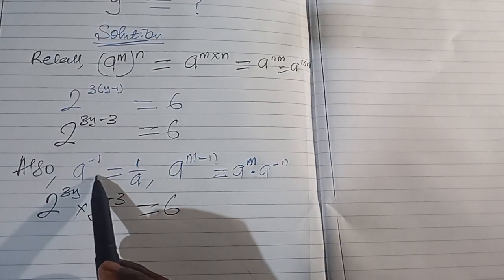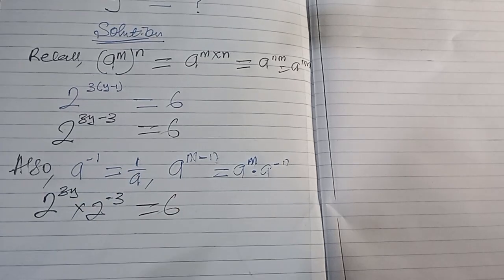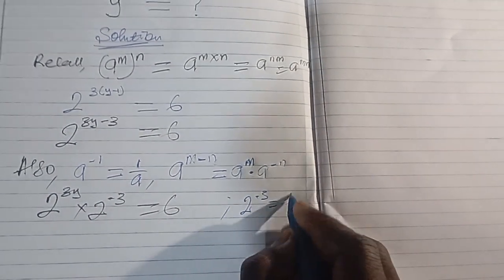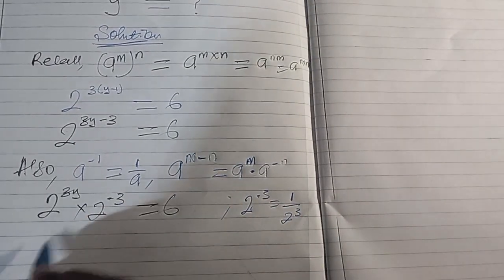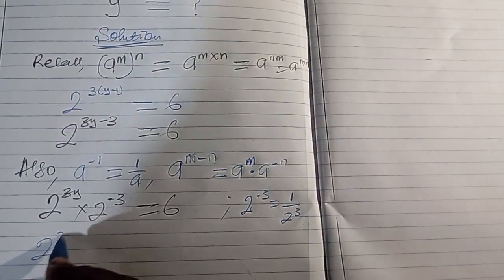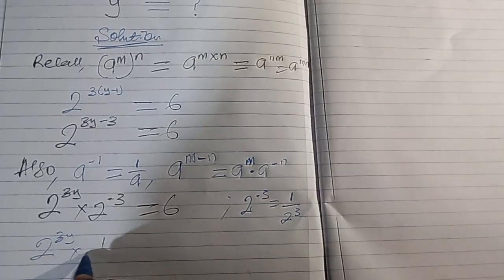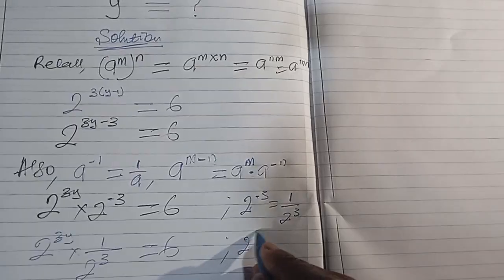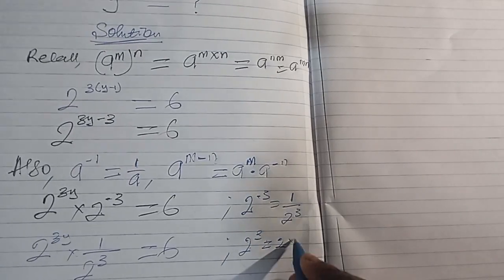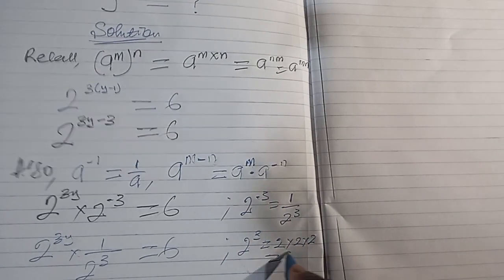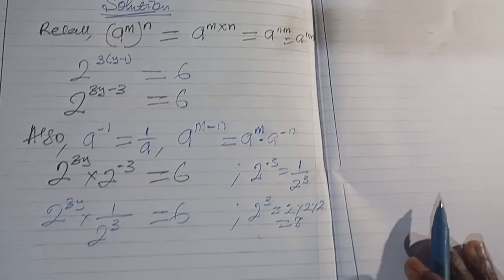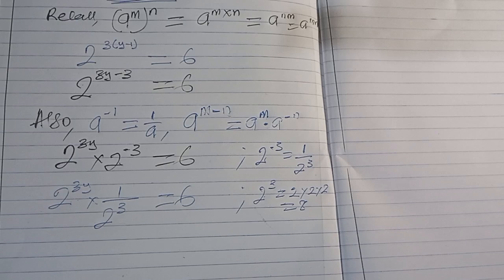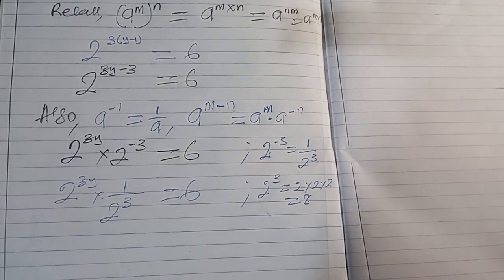From here now, a raised to power minus 1 equals 1 over a. So we are going to have 2 raised to power minus 3 as 1 over 2 raised to power 3. So over here we have 2 raised to power 3y multiplied by 1 over 2 raised to power 3 equals 6. Now, 2 raised to power 3 is the same as 2 times 2 times 2, which is 8. So we have 1 over 8, and 2 raised to power 3y should be 8 raised to power y.